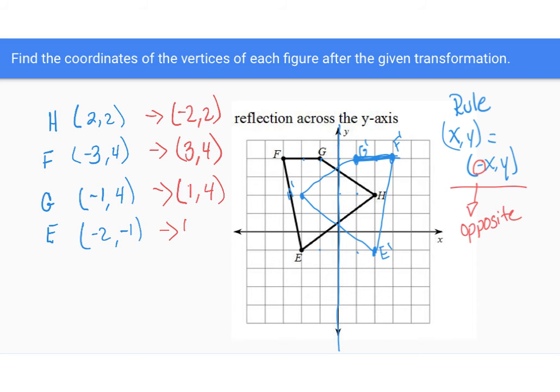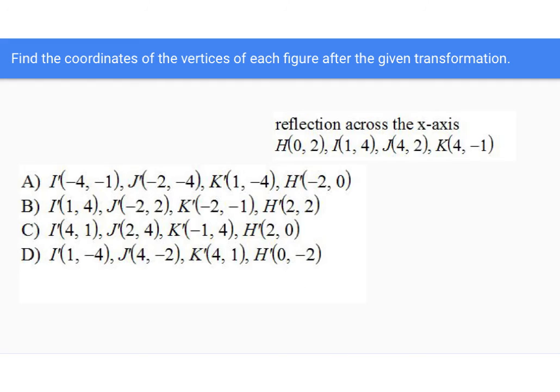Opposite negative 2, so positive 2, y stays the same. And if you compare my red coordinates with my blue image, you'll see that they match up. So whether you have the graph or the ordered pairs, you can actually find the vertices. Now you try, look at the reflection across the x-axis, look up what the rule should be, and choose the correct response below.